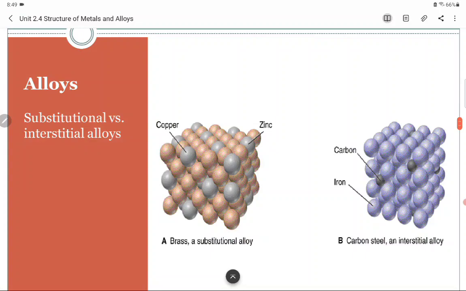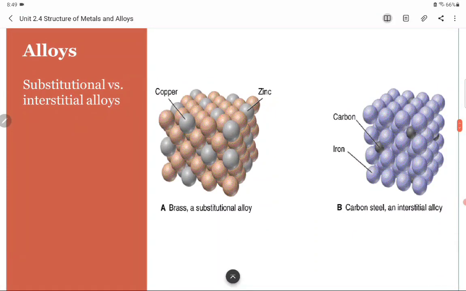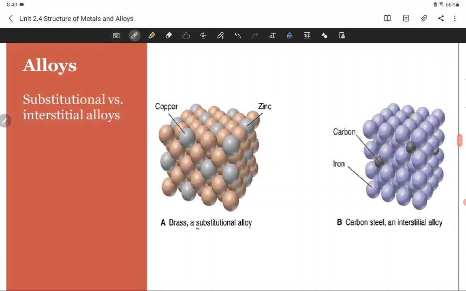So here's, I think, a pretty good picture of the two. Again, we have the substitutional. It looks like they took some of the coppers out and put zincs in there. Now, we do have a little problem here. This picture has them both pointed to the gray. That obviously can't be true.